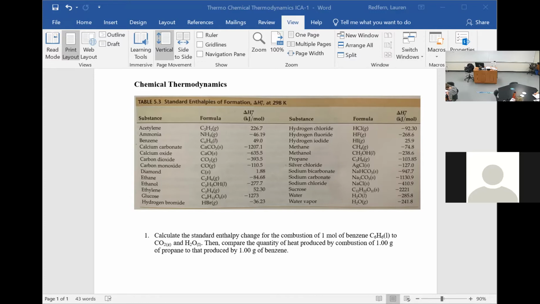And oxygen, like a pure element, will be a formation, so like hydrogen gas, oxygen gas, nitrogen gas, it's all zero. Are those answers? Because they're pretty close, but it should be negative and they're slightly off.